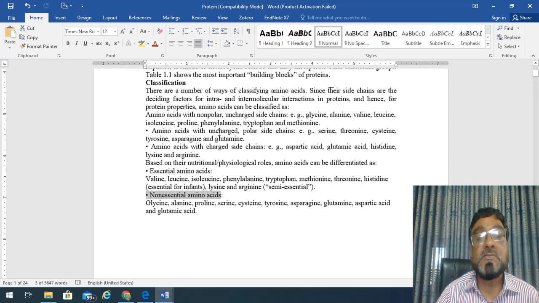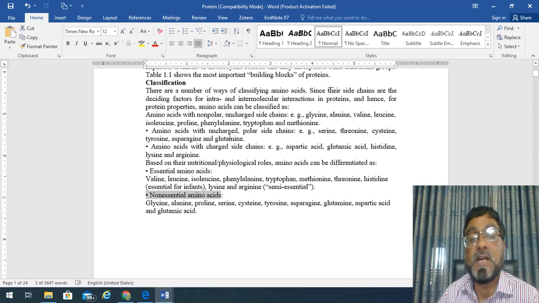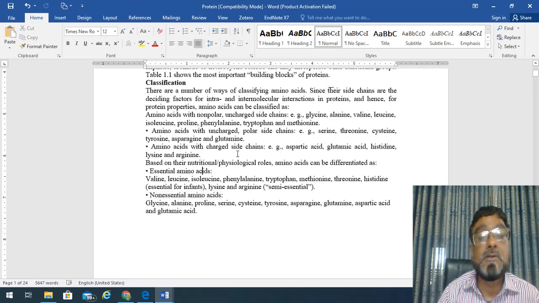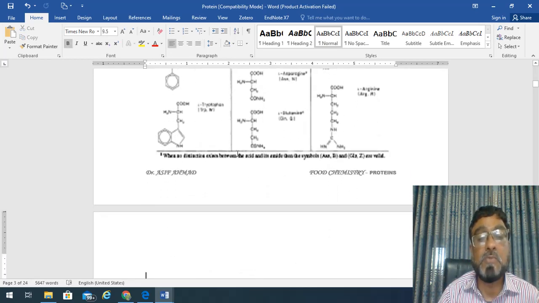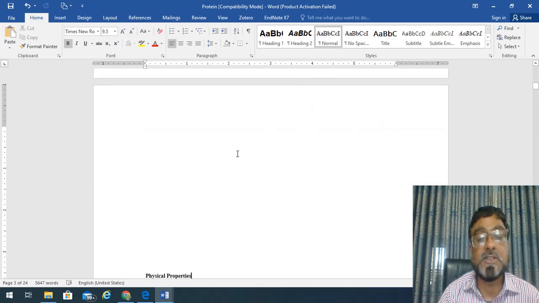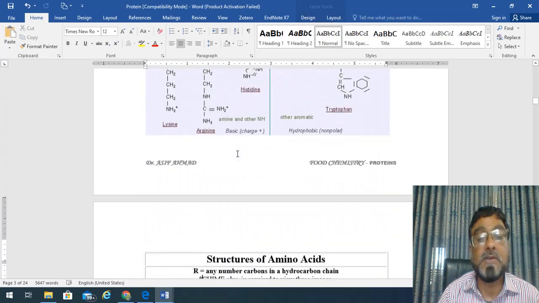Amino acids with uncharged polar side chains are serine, threonine, cysteine, tyrosine, asparagine, and glutamine. We will be looking at all of these chemical structures. Then amino acids with charged side chains are aspartic acid, glutamic acid, histidine, lysine, and arginine. These will be more clear in the structures of the amino acids.